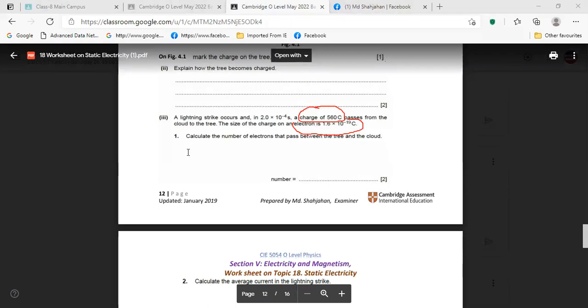Just write 1.6 multiplied by 10 to the power minus 19 coulomb charge is for 1 electron.